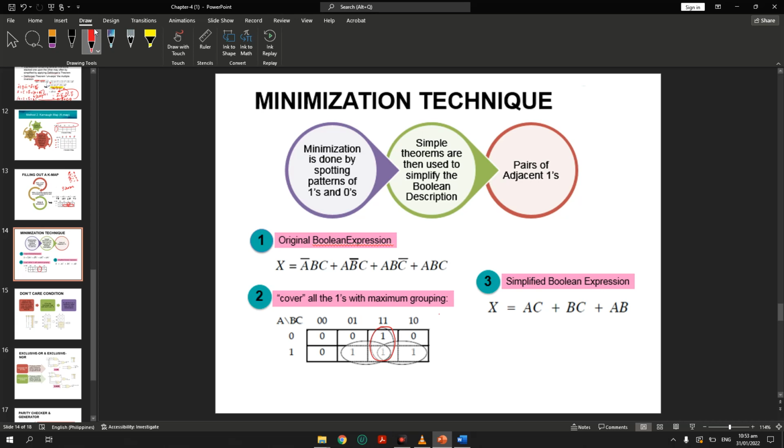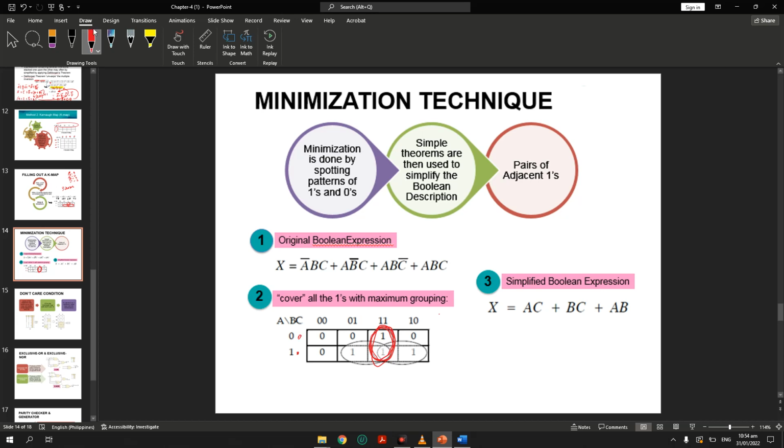Let us take for example this group. If you look, what is the value of A of this group? The value of A is 0 here and 1 here. So for this group, our A is 0 and 1.